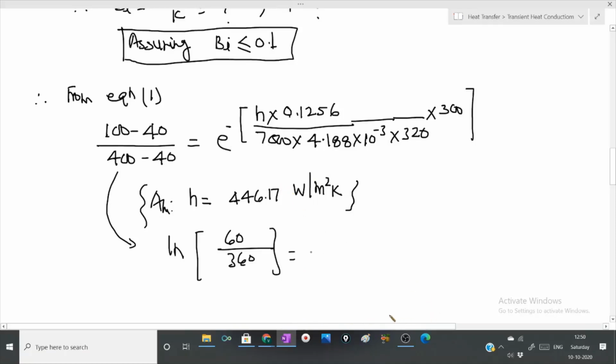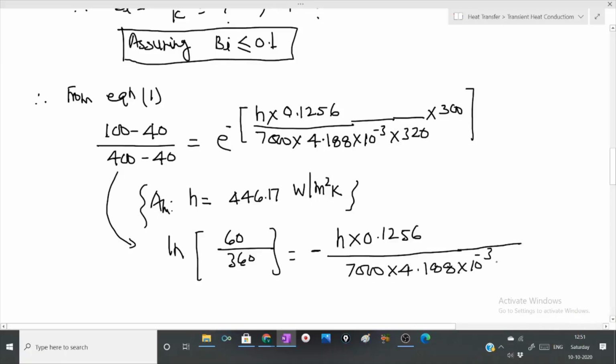And this entire term will become minus h into 0.1256 over 7000 into 4.188 into 10 to power minus 3 into 320 into time, which is 300 seconds.